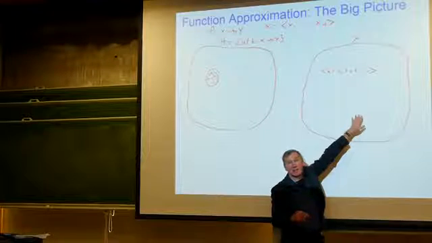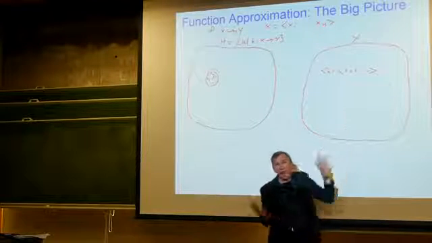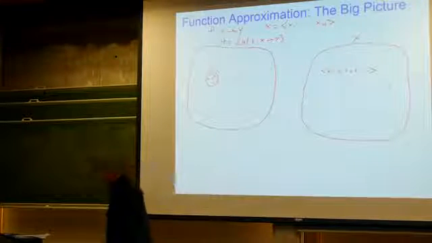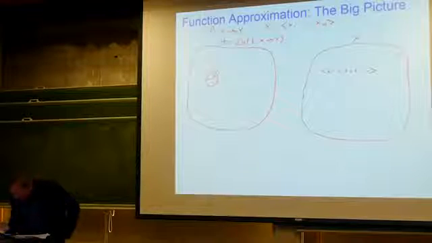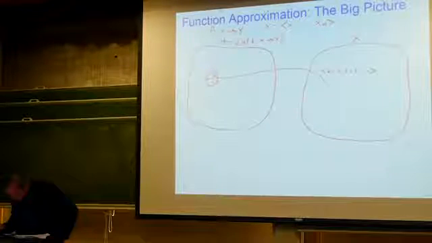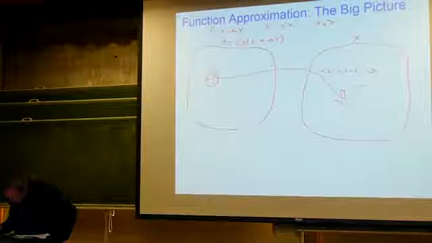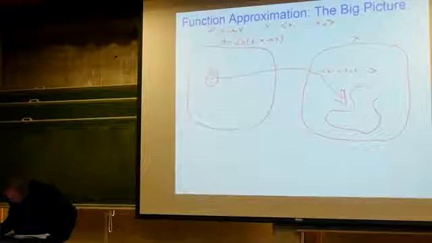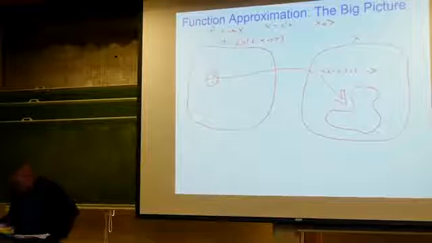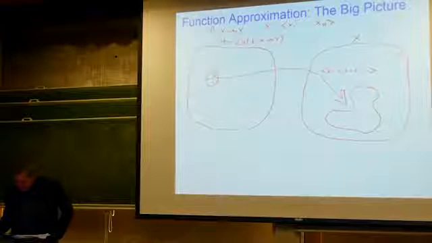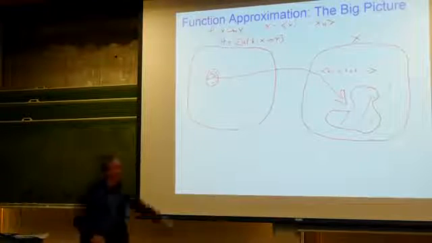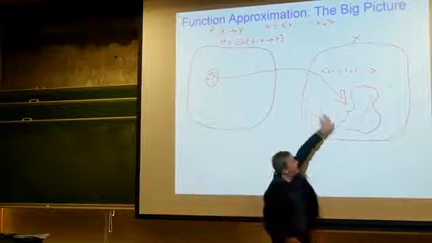Some are play tennis equals yes, some are play tennis equals no. So we can think of every one of these hypotheses as corresponding to some set of examples that they label positive, and some set of examples that they label negative.